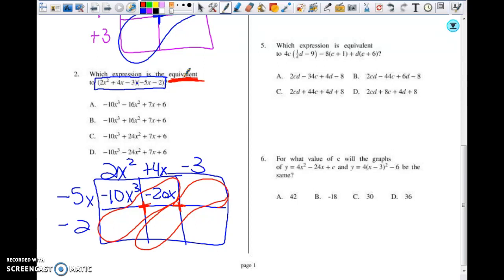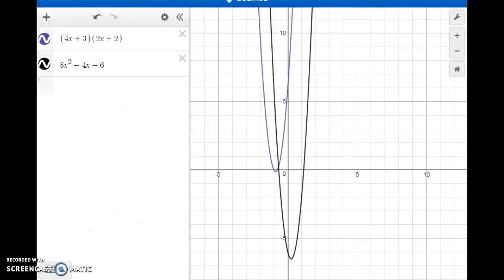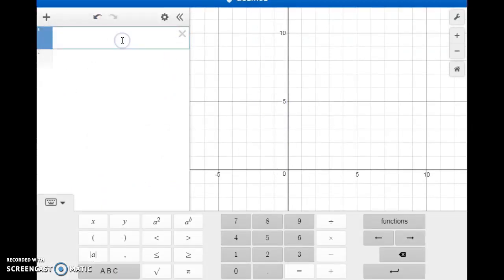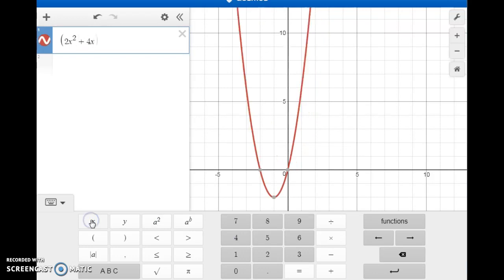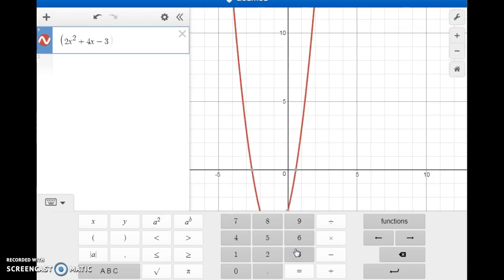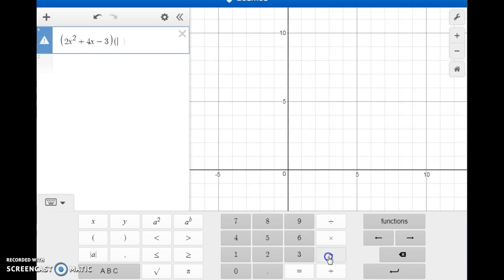So we could have put this in. So you would have put in your expression in Desmos. Okay, so you got your expression 2x squared plus 4x minus 3. Close parentheses, another one, negative 5x minus 2.